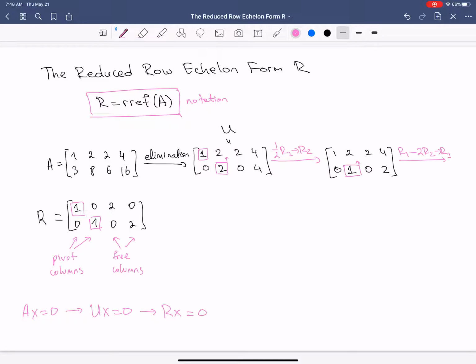All of these systems have the same solutions. The null space of A is the null space of U is the null space of R. So one could choose really any of these matrices to find the null space, but it is easiest to do that in the reduced row echelon form. Each free column gives you exactly one special solution, and then all linear combinations of the special solutions give you the null space.